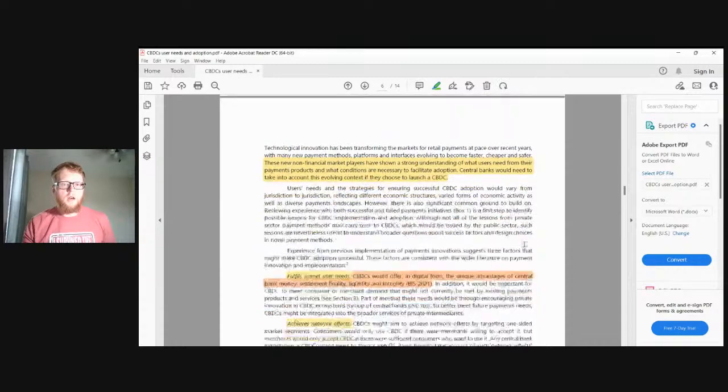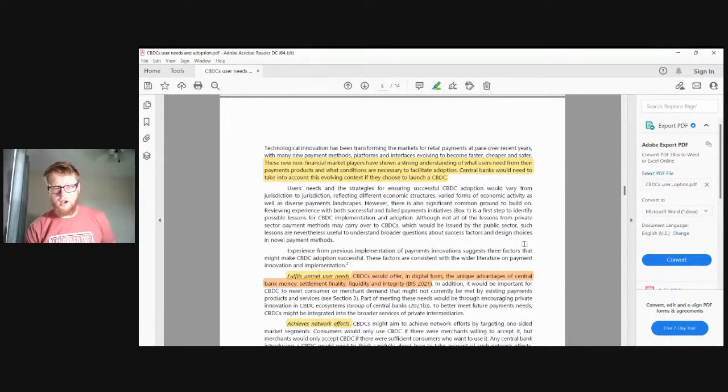So, these new non-financial market players, to continue on with the paper, have shown a strong understanding of what users need from their payments products and what conditions are necessary to facilitate adoption. Central banks would need to take into account this evolving context if they choose to launch a CBDC.